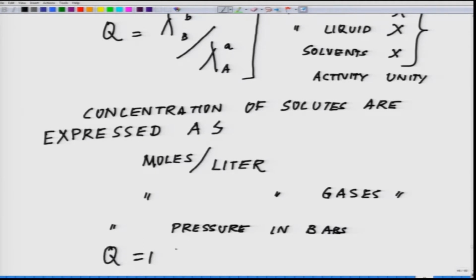and then the natural log of Q is equal to 0, and that will give you E is equal to E0.